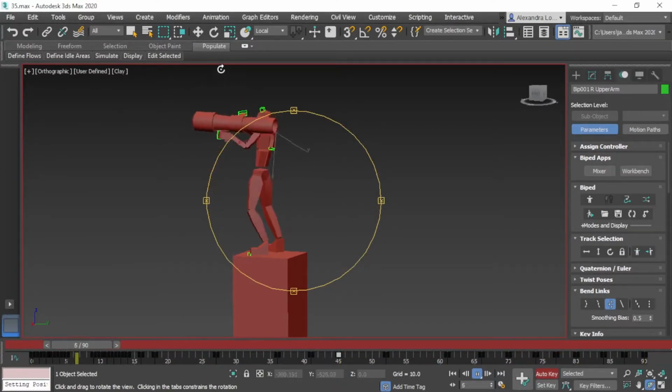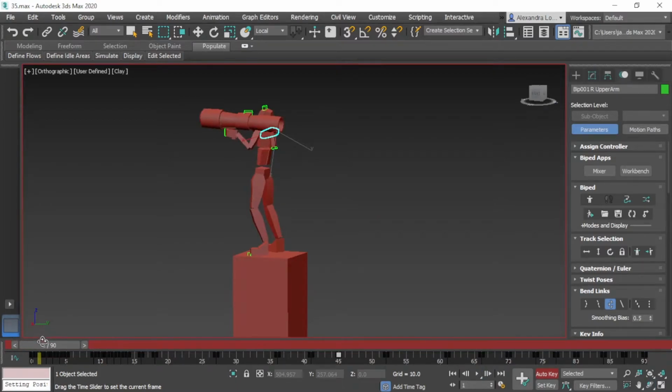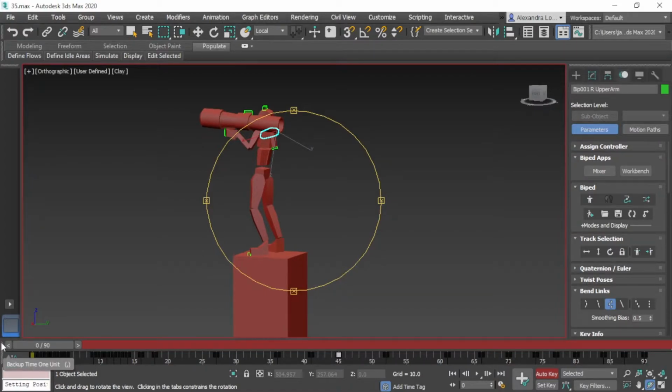The first principle I'm going to talk about is what you want to do before there's a forward movement. There has to be a backward movement, and it's also good to have an anticipation movement on it as well.